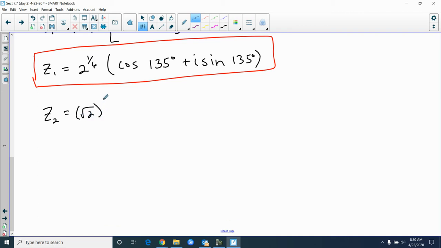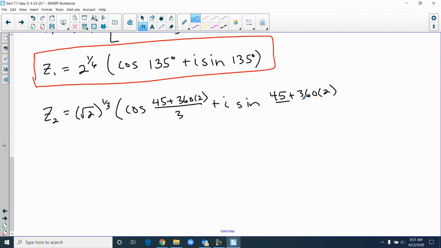Square root of 2 to the 1/3 power. Cosine of 45 plus 360 times 2 divided by n, which is 3, plus i sine 45 plus 360 times 2 divided by 3. And so z sub 2 equals 2 to the 1/6 cosine.